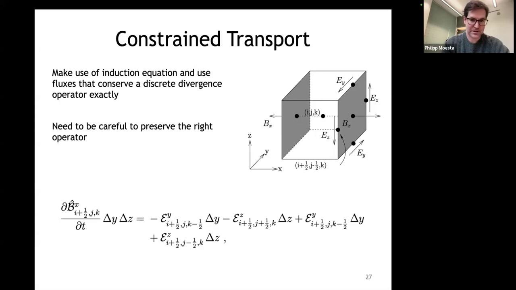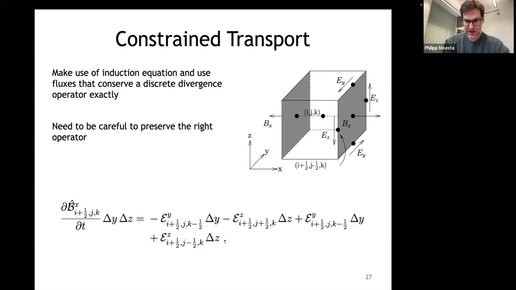You see how the time evolution of this magnetic field naturally lives not at the cell center, as when we did the Godunov discretization, where at a point i equals something we had a cell average representation of a quantity, let's say the density.